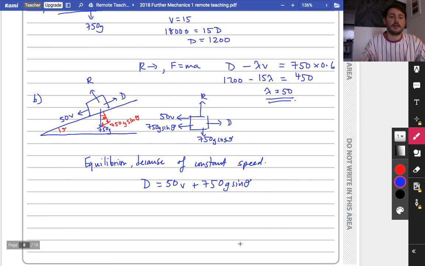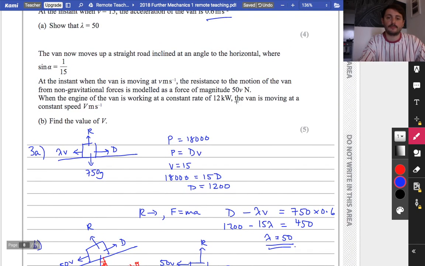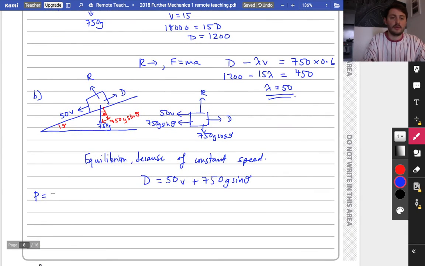And there's a few other things we know. We know that the power is equal to 12 kilowatts, so we know that power is 12,000. In other words, 12,000 is equal to the driving force multiplied by the speed. So the driving force is 12,000 over v.